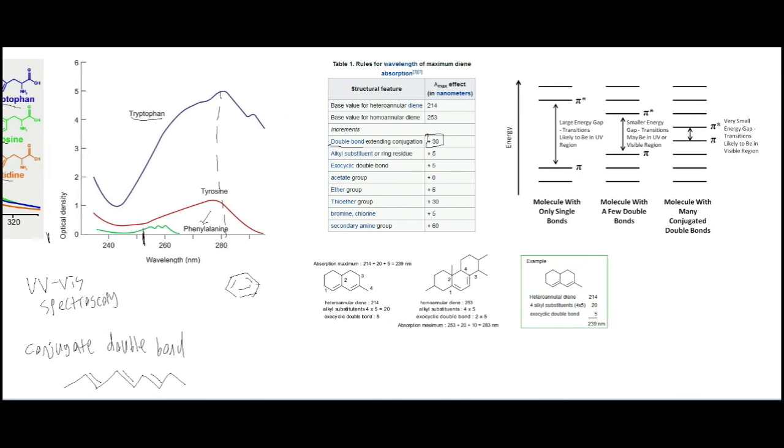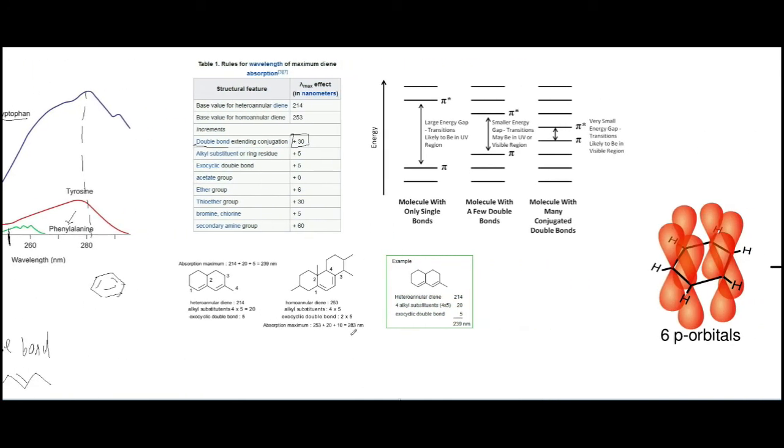And there are other things that affect where the maximum peak is. Things like alkyl substitutions, which are just hydrocarbon chains. So it could be a methyl group, it could be an ethyl group. Exocyclic double bond, so if we had another double bond here, but then we also had this exocyclic double bond.